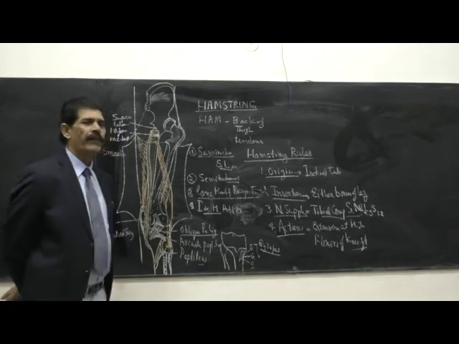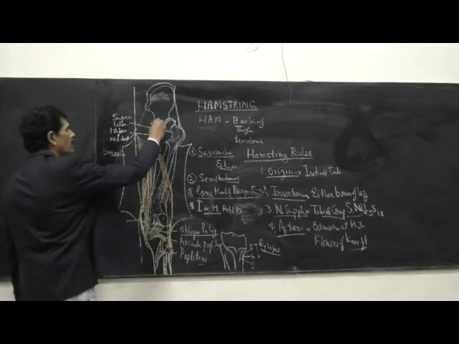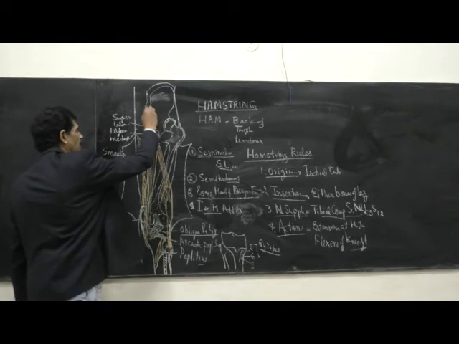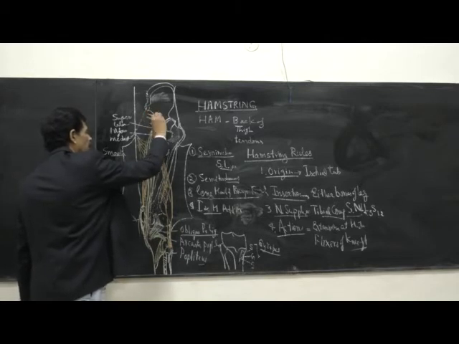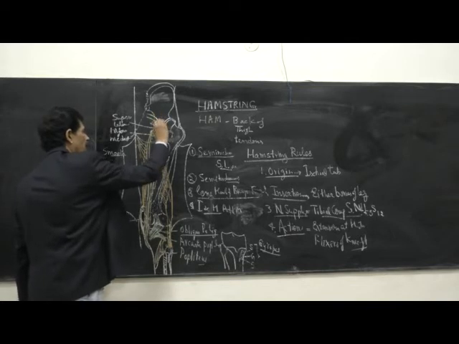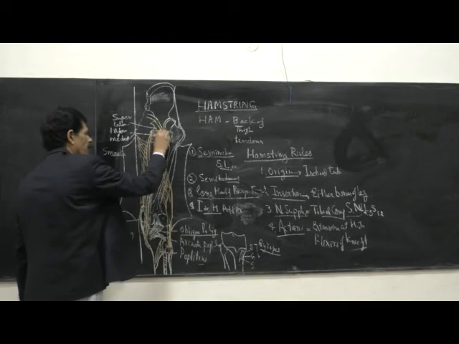Now comes their nerve supply. As we know, the sciatic nerve comes from the greater sciatic foramen, the thickest nerve of the body. It runs obliquely downward in the gluteal region. Then it runs between the greater trochanter laterally and the ischial tuberosity medially, covered by gluteus maximus muscle.